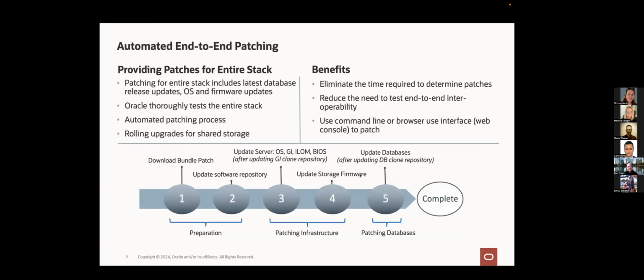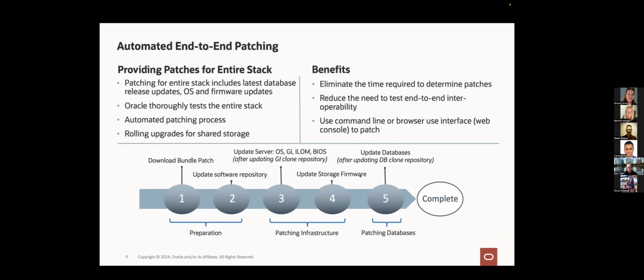The way we designed patching for Oracle Database Appliance is really about a simple patch for the whole entire stack, from the operating system all the way down to the firmware in the system. We pre-test all the patches for this platform to make it extremely simple and also very available.